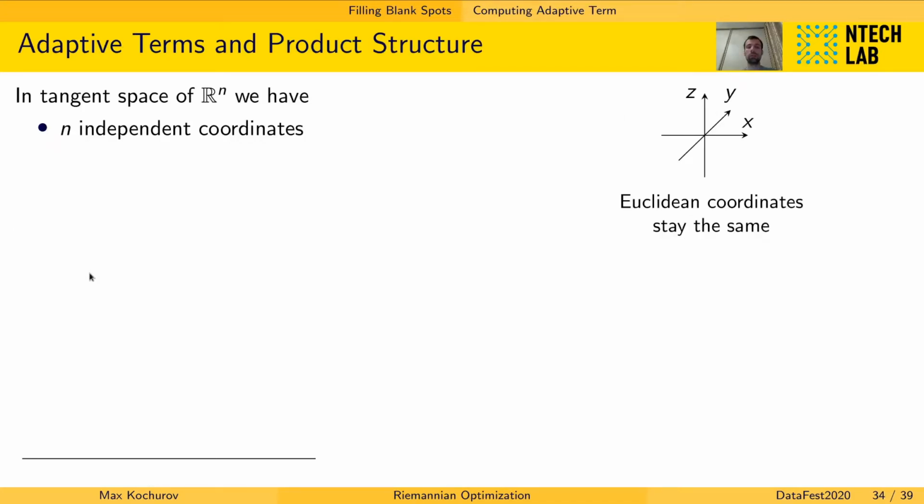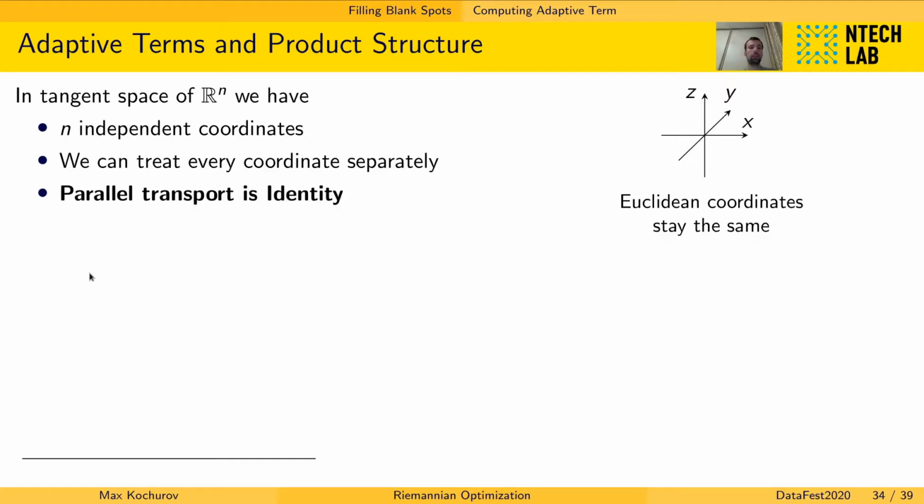So what about adaptive terms in Riemannian optimization? We don't want to tune the learning rate each time, and the adaptive term helps to avoid this intensive tuning. In the Euclidean case, when we have n independent coordinates, we have n independent adaptive terms, and we treat every coordinate separately.